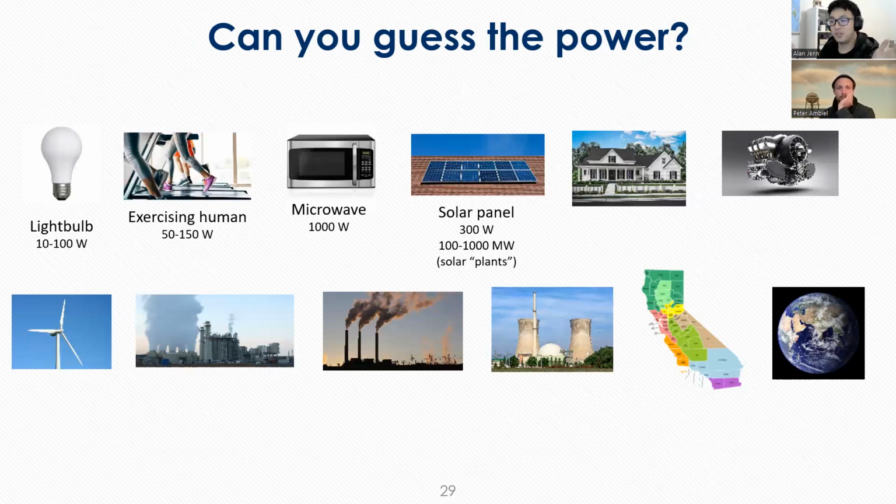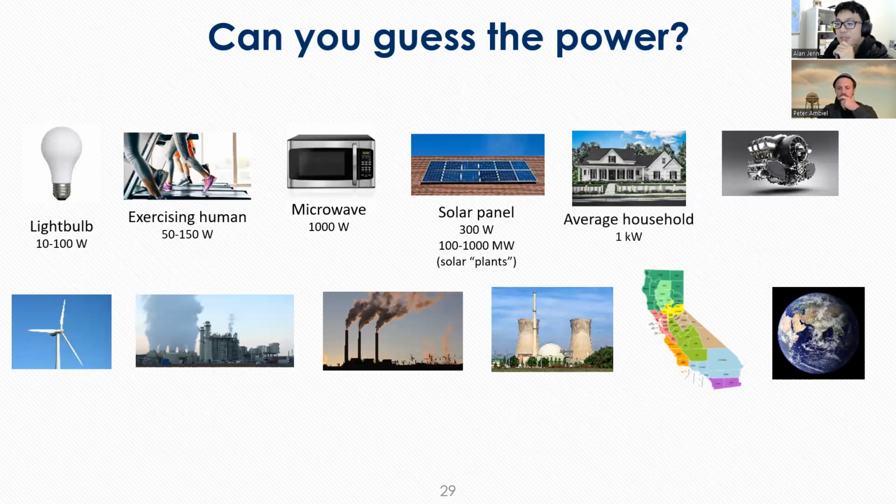These are known as utility scale solar, that you might see installed over these vast swaths of desert land in California, for example. And the size of these plants can be anywhere from 100 to 1,000 megawatts.